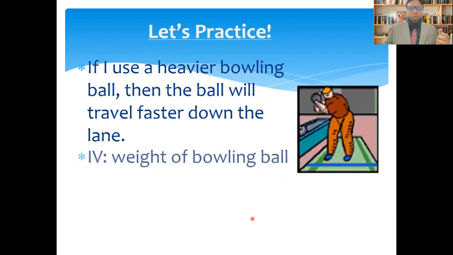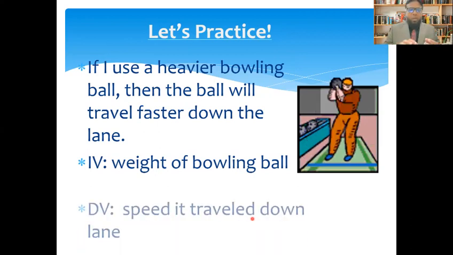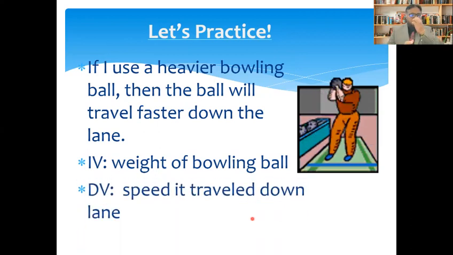Now see, the independent variable is the weight of the bowling ball. We say independent variable because we are changing it: either we use the heavier bowling ball or the lighter bowling ball. Then the dependent variable is the speed at which it travels down the lane. What is the speed that is required here?